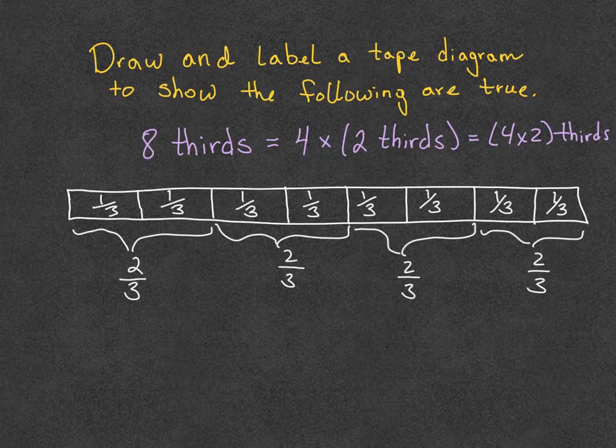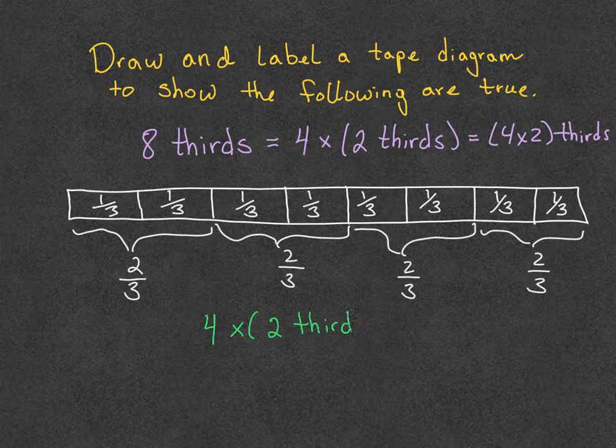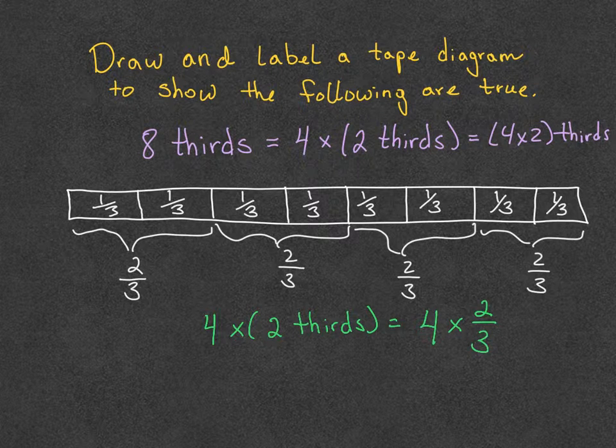We have 1 group here, 2 groups, 3 groups, 4 groups. So we do have 4 groups of 2 thirds, which is really just saying 4 times 2 thirds, and 4 times 2 is 8 over 3, 8 thirds. And that is what we have right here, 8 thirds.